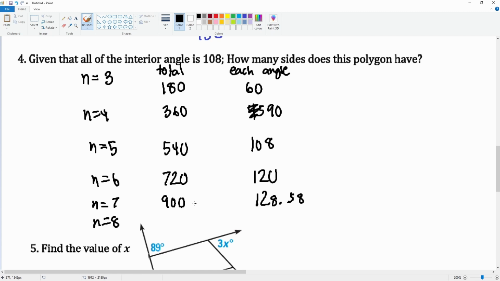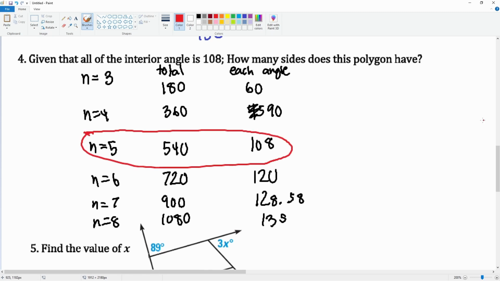Let's see what n equals 8 is. 1080 divided by 8 gets you 135. Oh wait, we didn't even have to go on. We already have the answer right here.